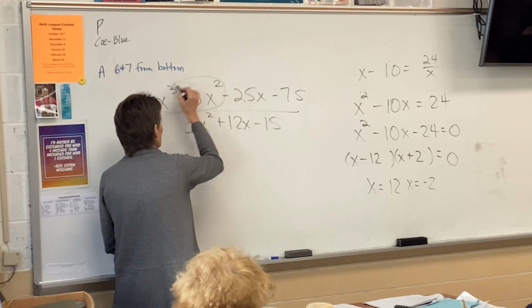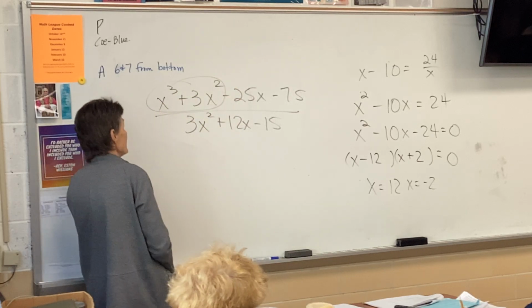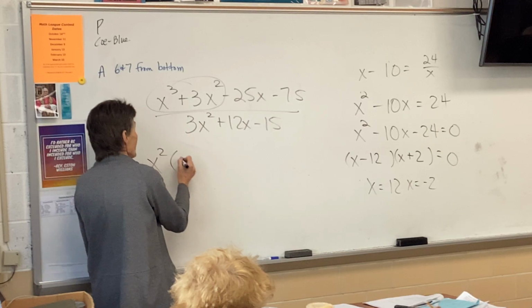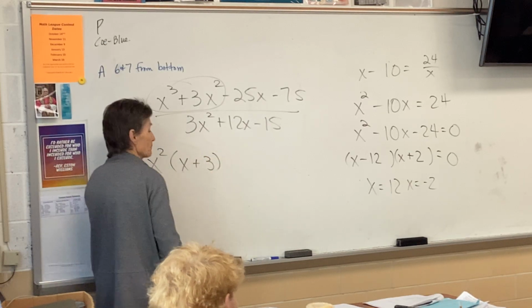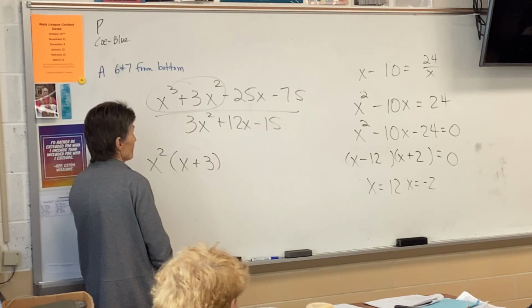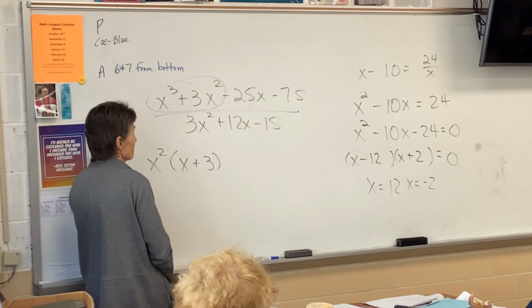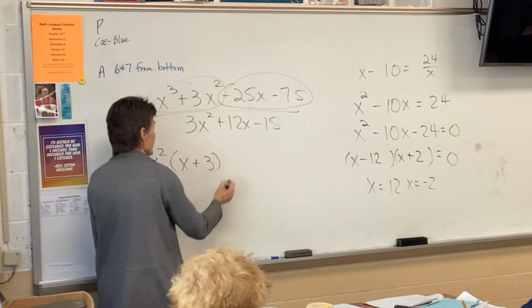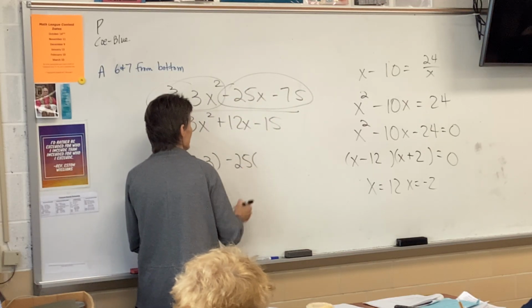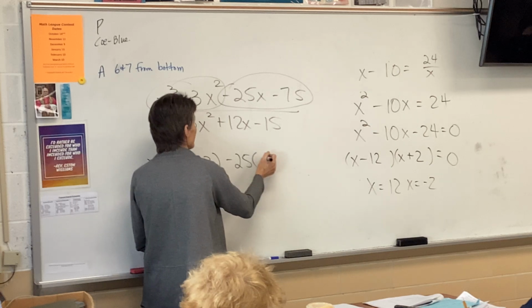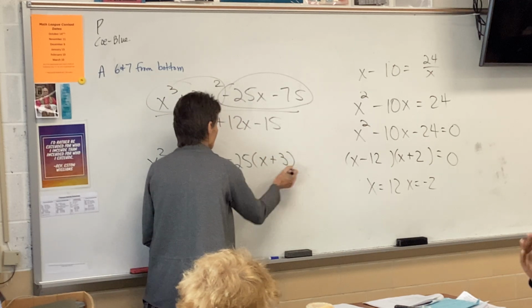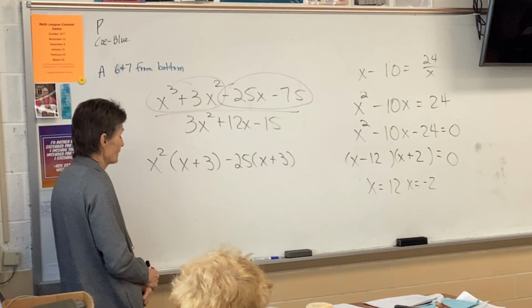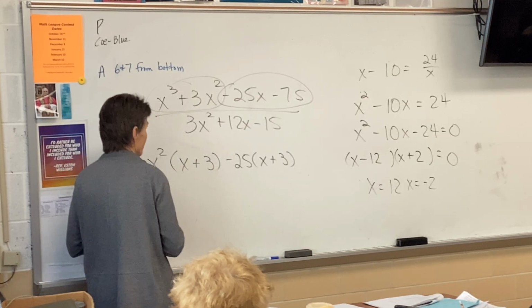So if I look at the first two, what can I take out? X plus, leaving me with x plus 3. What about the last two? Negative 24, the next step.